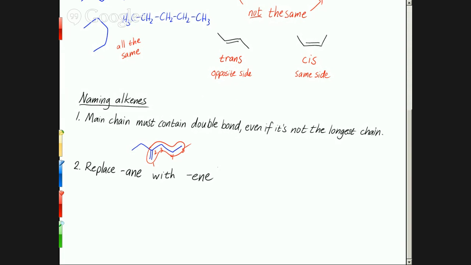So given that, what should the main name of this chain we just looked at be now with the double bond in it? So we say, how many carbons does it have? 5. And it's an alkene instead of an alkane. So the main name for this becomes pentene instead of pentane.